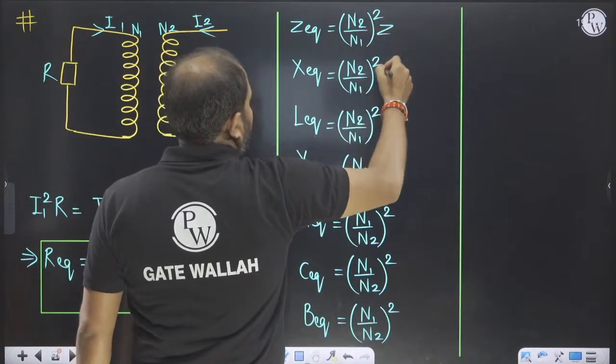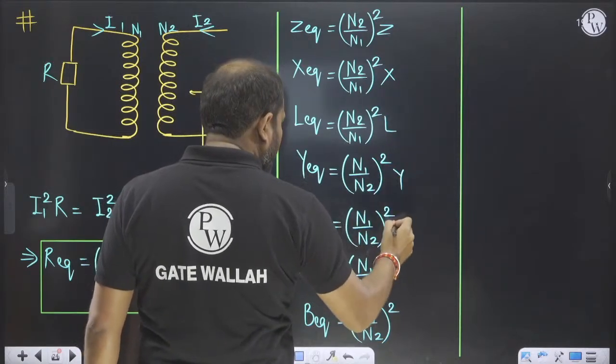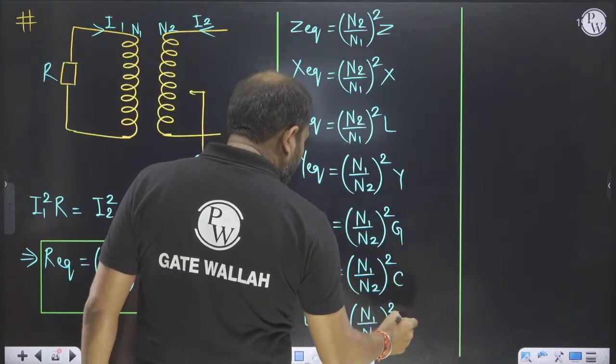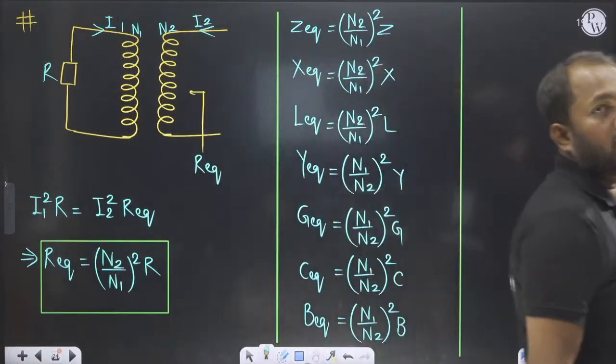So into Z, into X, into L, into Y, into G, into C and into B. So this is the point here, you can remember.